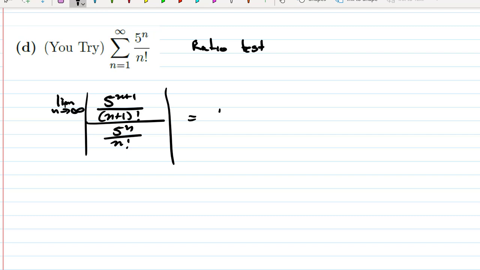That gives us the limit as n goes to infinity of 5 to the n plus 1, which I'm going to write as 5 to the n times 5, over n plus 1 times n factorial, times the reciprocal of the denominator, which is n factorial over 5 to the n.